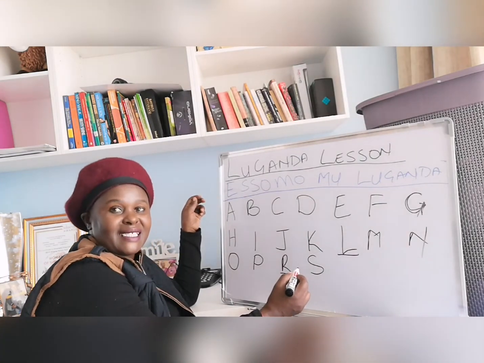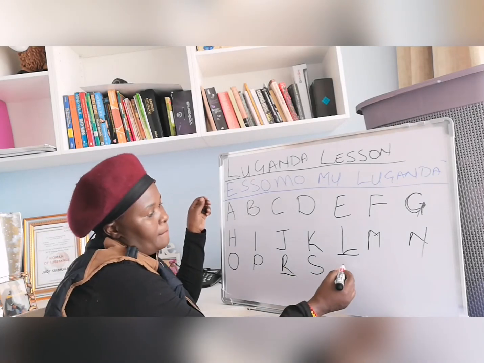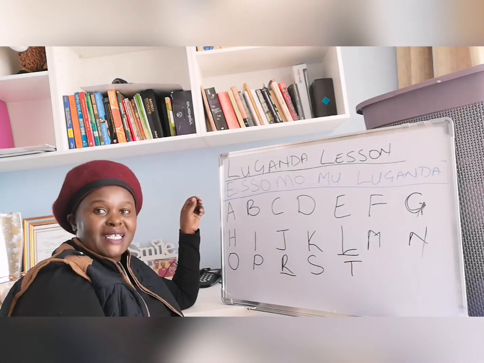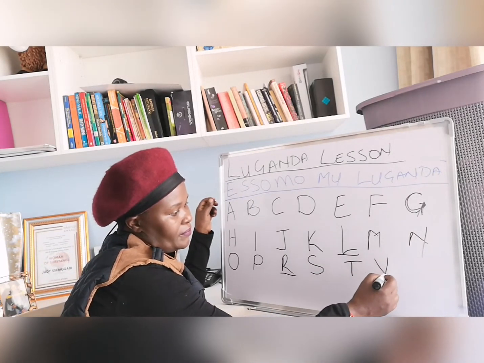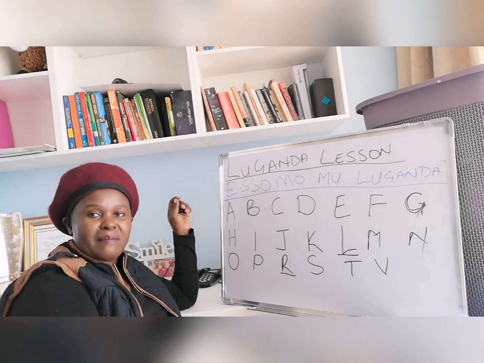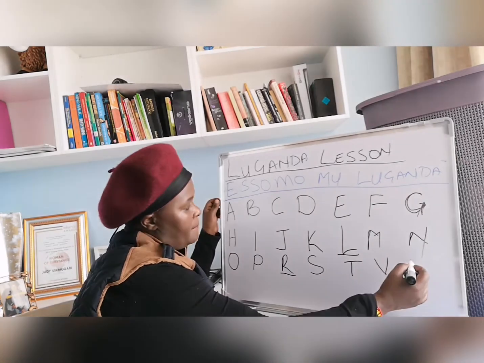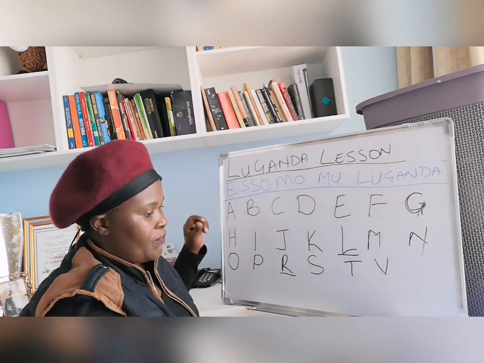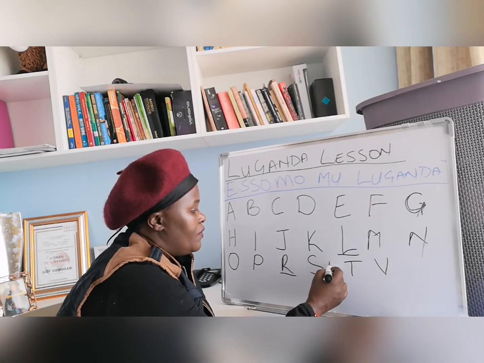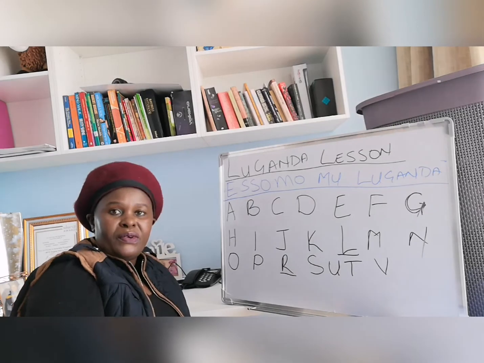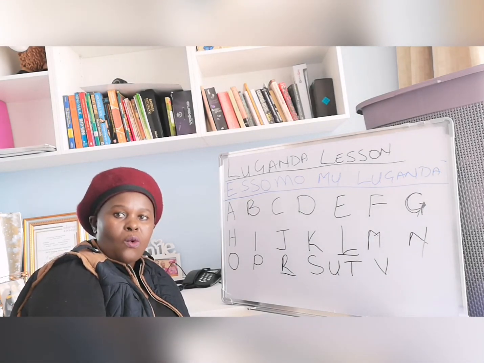S is Sa. T is Ta. V is Va. Oh, I missed U. U is Wu.